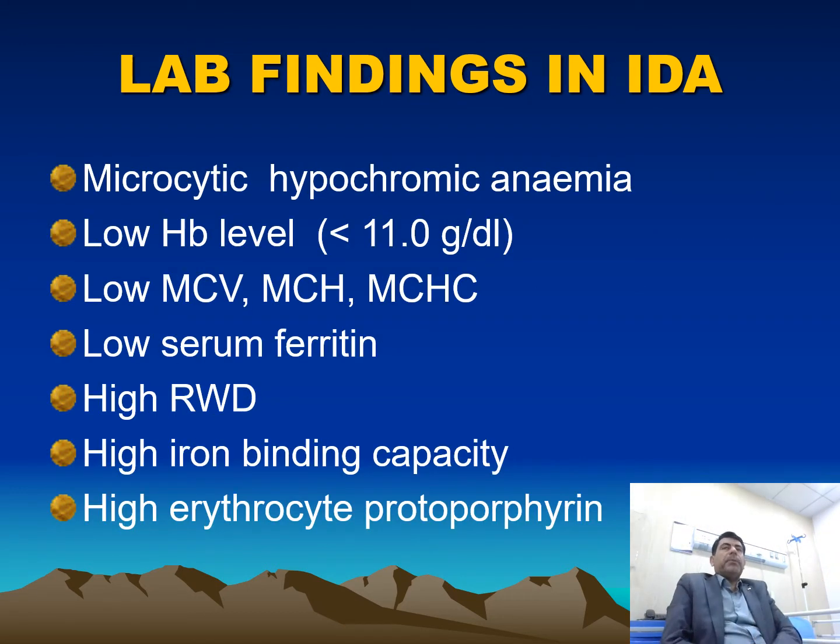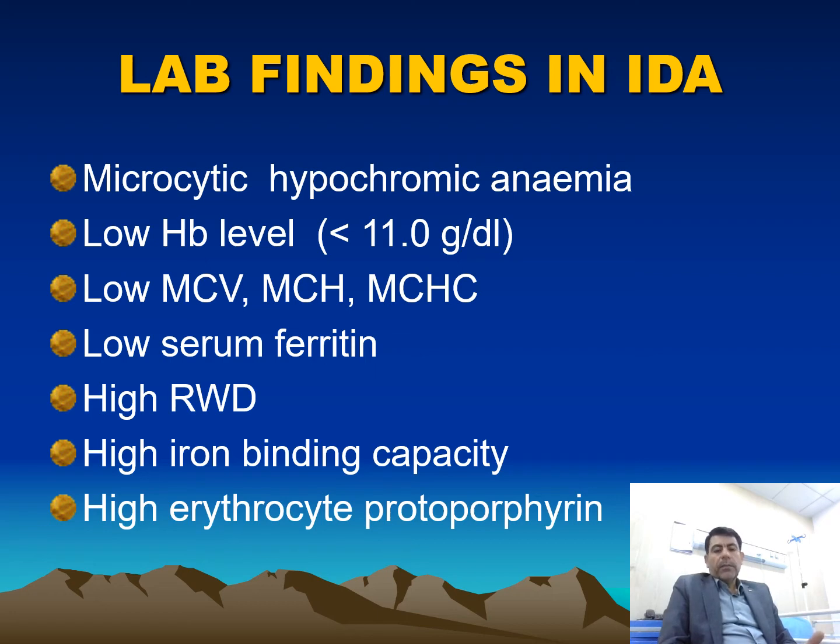Now, what are the lab findings in a patient with iron deficiency anemia? We can take a CBC, and you know, CBC is the first window for lab in hematology. Looking at the hemoglobin, it is less than 11 gram per deciliter. Looking at the MCV, MCH, MCHC, all of them are low.